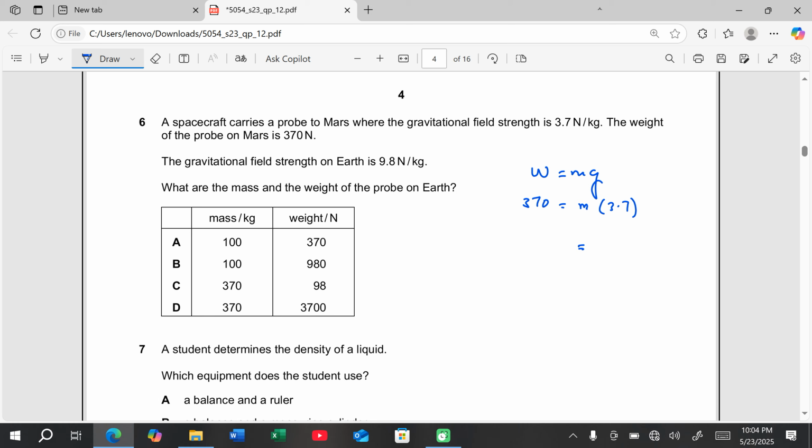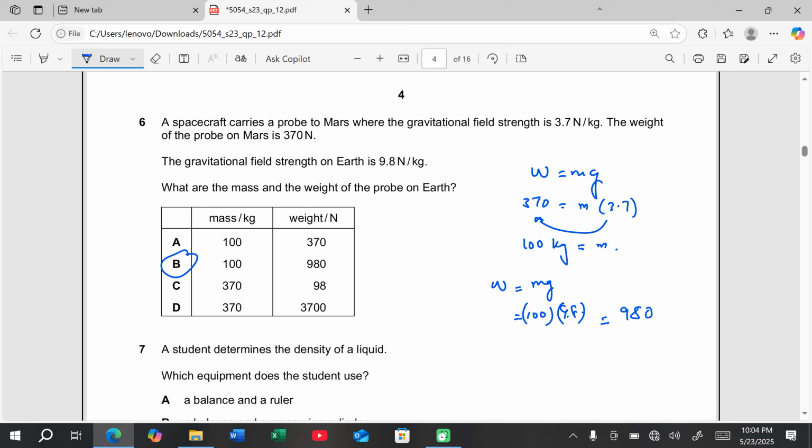When I divide this, I'm going to get 100 kg as the mass, and then I'm going to use W equals mg for weight on Earth. Mass is 100, g is 9.8, so I'm going to multiply them. I'm going to get 980. So that is going to be B.